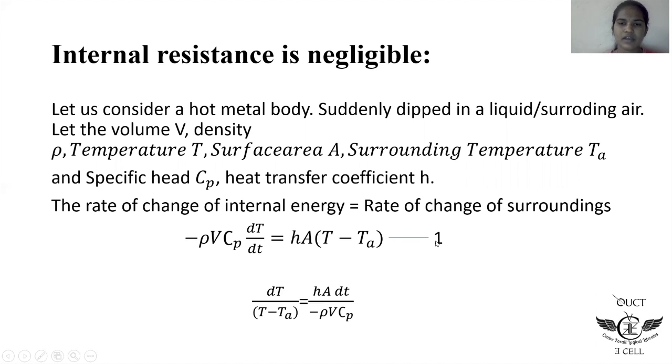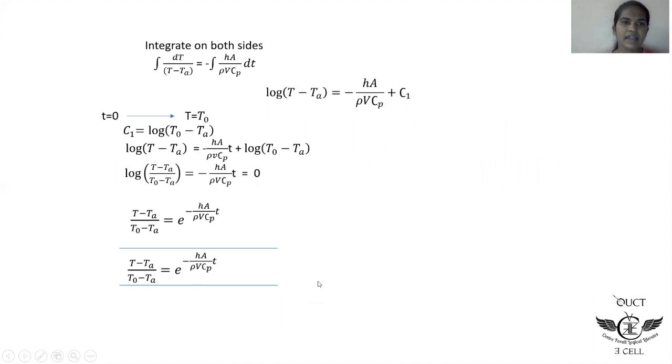This is the first equation. We separate the temperature variables and time variables onto different sides and integrate on both sides. We get log (T minus TA) equal to minus hA by rho V Cp times t plus C1, where C1 is a constant. At time t equal to 0, the temperature is T naught.